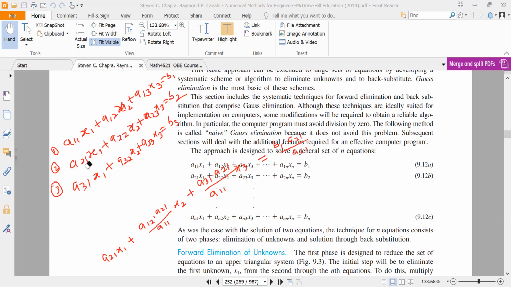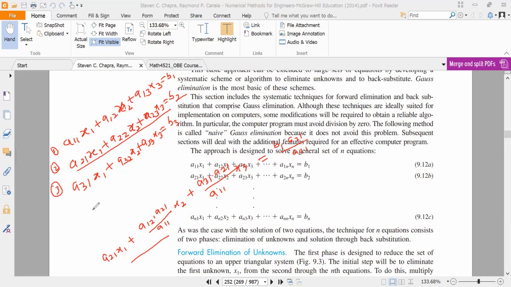Then you subtract this equation from equation 2, and that will eliminate x1 from equation 2.